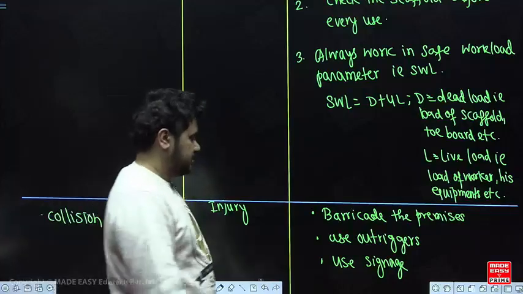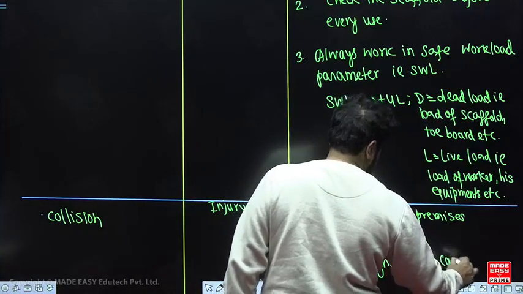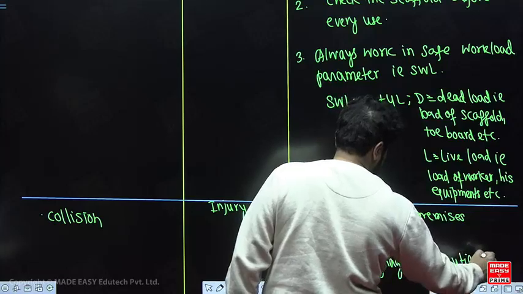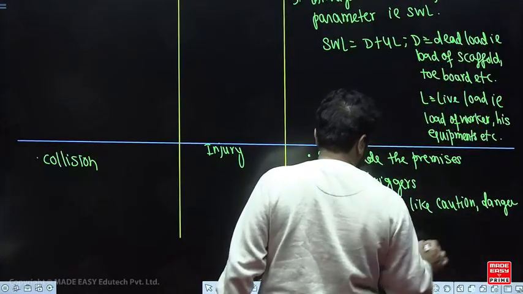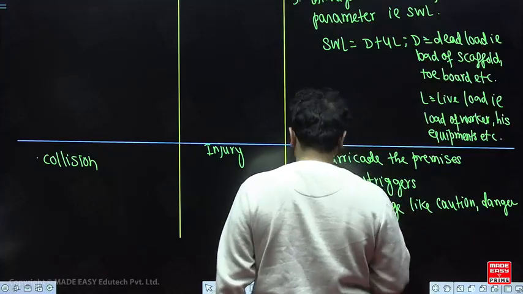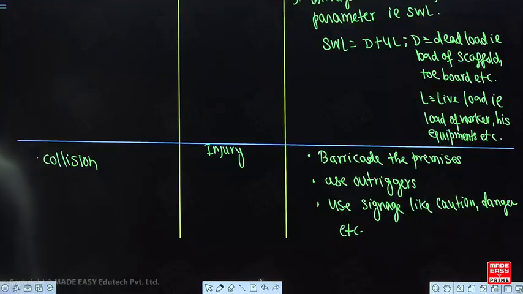सिंबल्स. साइनेज that is like caution, danger etc. ऐसा हम साइनेज यूज करेंगे. है ना. कोई आकर टकरा गया तो रोलर तो रोल करने लगेगा एंड सो ऑन. करेक्ट. सो दिस इज कॉल्ड एज scaffolds.